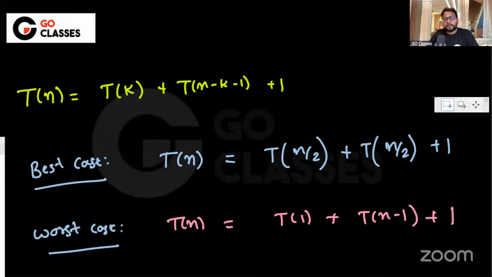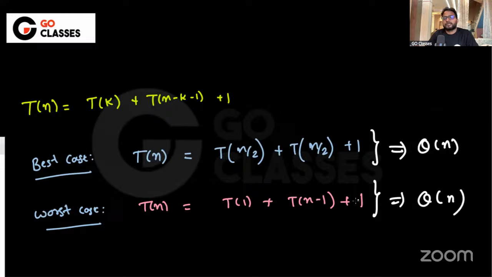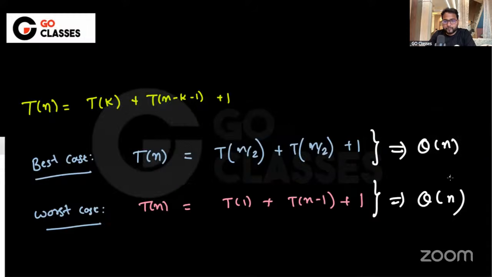Now, if you calculate the time complexities of both of these cases, from here you are getting order of n or theta of n. From here also you are getting n. You can easily calculate this by the substitution method: 1 plus 1 plus 1, n times. You can also apply the Master's theorem and it will be theta of n. So in both the cases it is theta of n only.